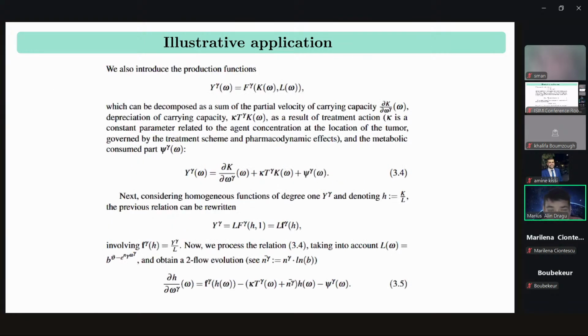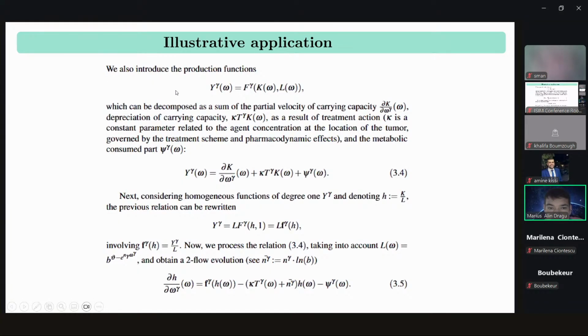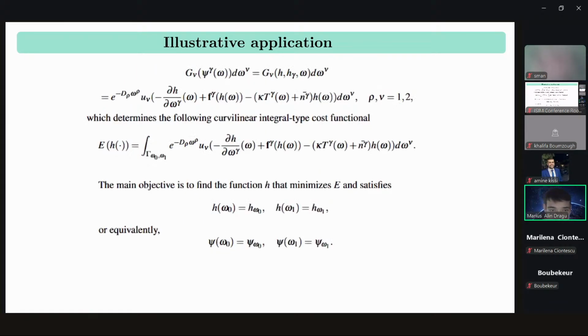To formulate this problem, we apply a pipeline inspired from economical problems in which the core is to introduce the production function and denote H, the state function, as the ratio of carrying capacity to L of omega, the tumor cell population.